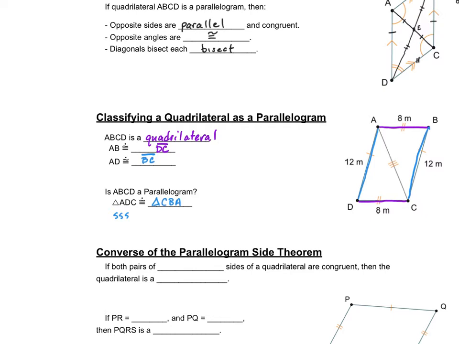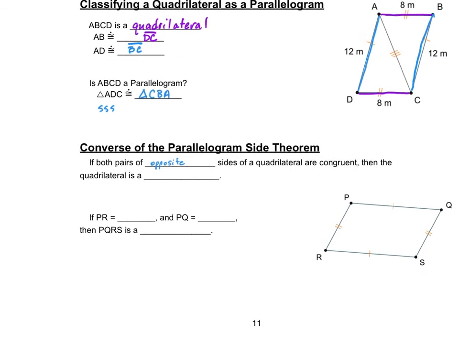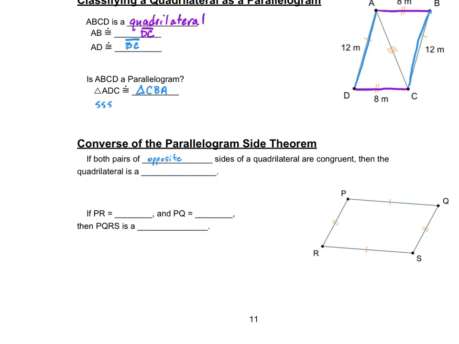Now, the converse here is: if both pairs of opposite sides of a quadrilateral are congruent, then the quadrilateral is a parallelogram.